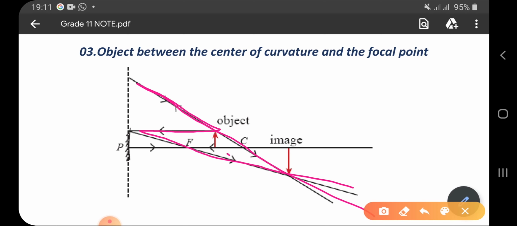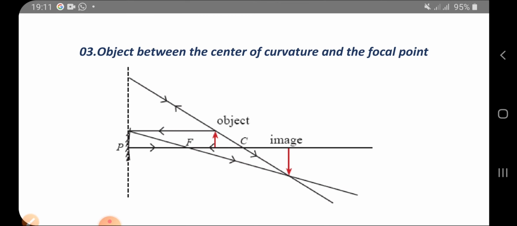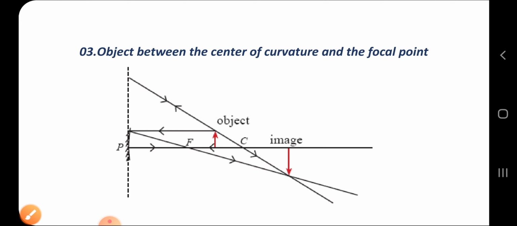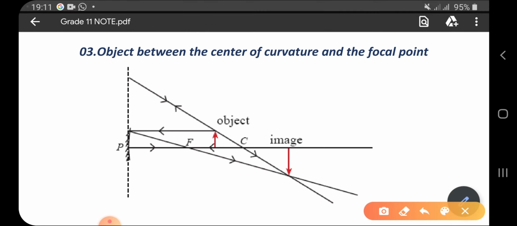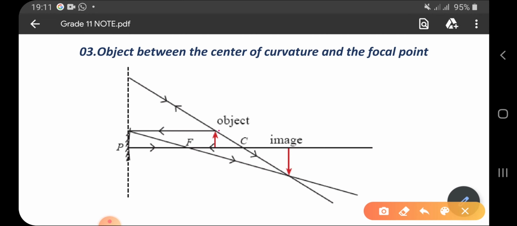Compare the object and the image here. As you can see, the image is inverted, and you didn't draw any dotted line, that means the image is not formed behind the mirror, so the image is formed in front of the mirror. So this will be a real image, meaning that this image can be taken onto a screen.